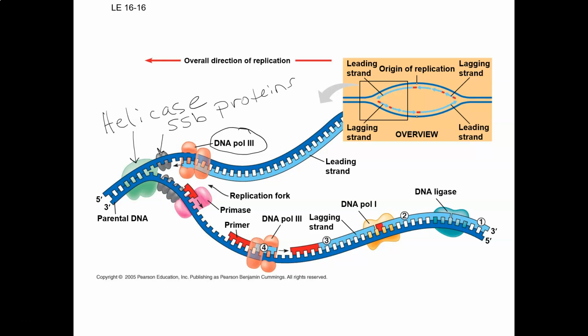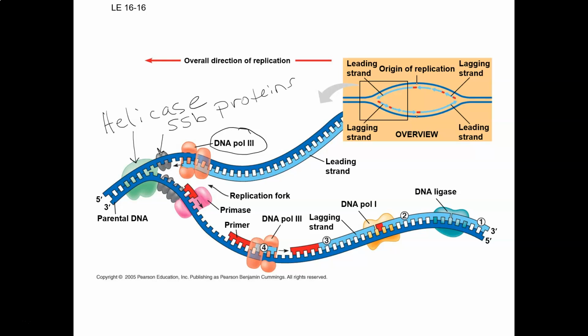However, DNA polymerase 3 has some limitations. So you could say it's a picky enzyme. And because of that, it makes replication more complicated. There's two things that DNA polymerase requires in order to lay down a new nucleotide in the growing DNA chain.